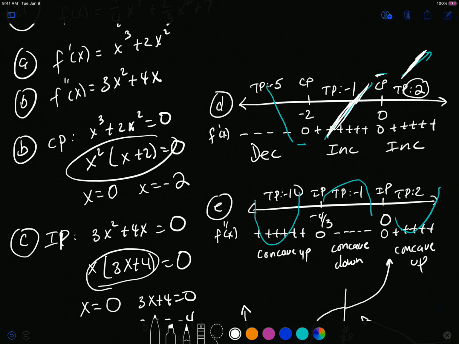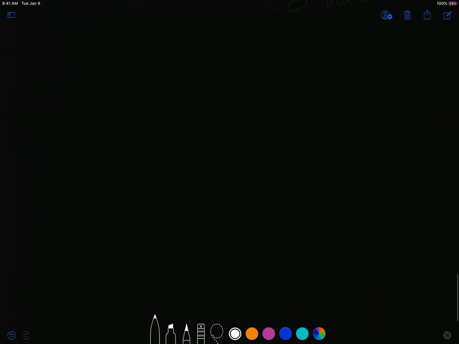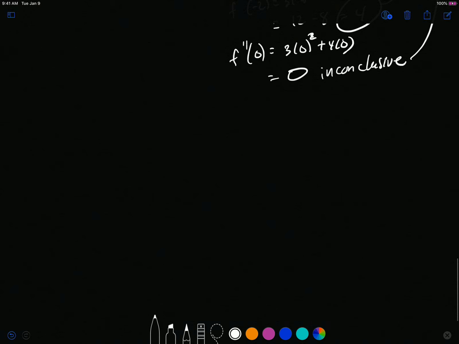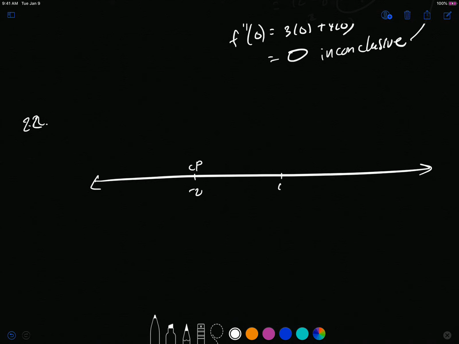All right, last question. This is number 22 and number 23. Those simply say, look, I'm going to give you a sign chart, go ahead and graph the function. So for number 22, -2 is a critical point, 0 is a critical point, and 2 is a critical point.